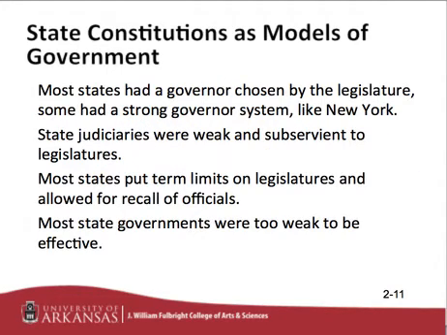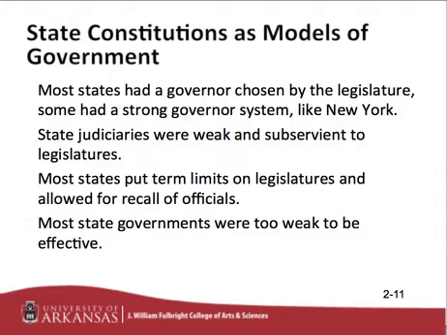Now, state constitutions themselves provided models of government. Most states had a governor chosen by the legislature. Some had a strong governor system. Most often, the state judiciaries were weak and subservient to legislatures, and most states put term limits on legislatures and allowed for the recall of officials.